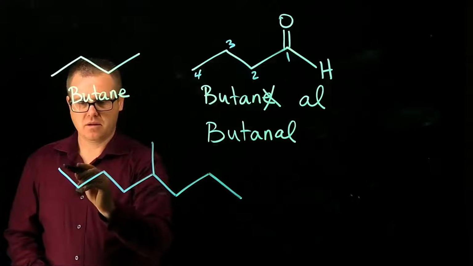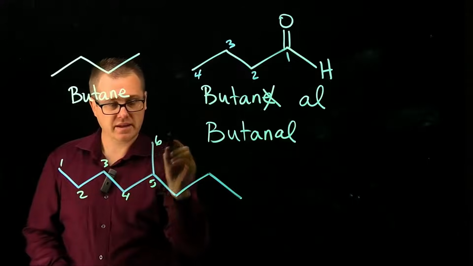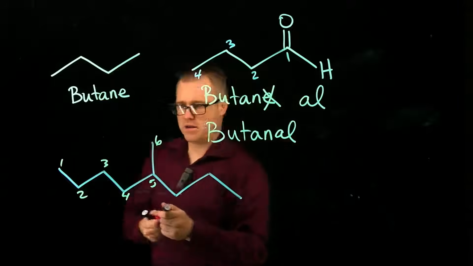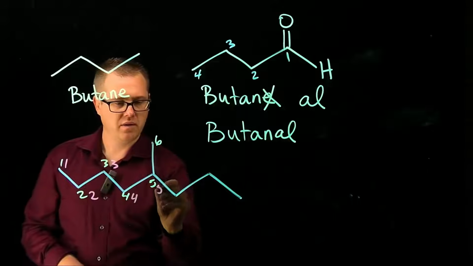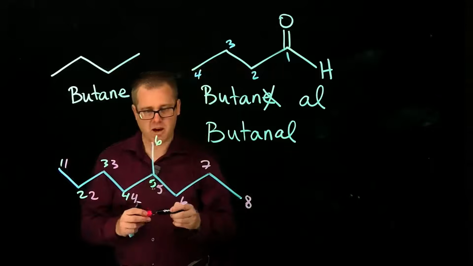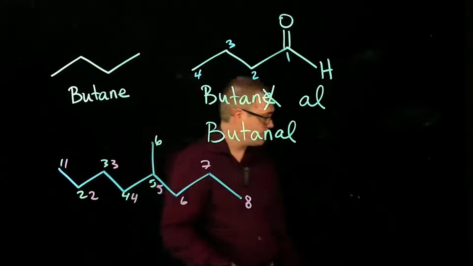So is it 1, 2, 3, 4, 5, 6? Or could we find a longer one? 1, 2, 3, 4, 5, 6, 7, 8. Okay, so that's 8 carbons long. So we would call that what? An octane, right?